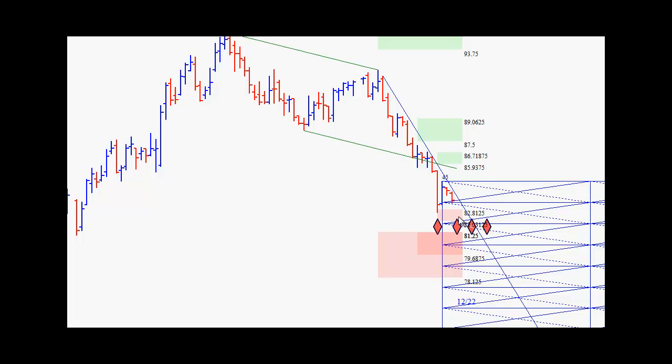Now, you don't just necessarily jump in. The way I would approach this, if you want to be sure that you're not getting in too early, is to wait for a breakout of this downward trend line that you see here. If either today or tomorrow prices start to trade above this line, that would be a signal to start going long this market.